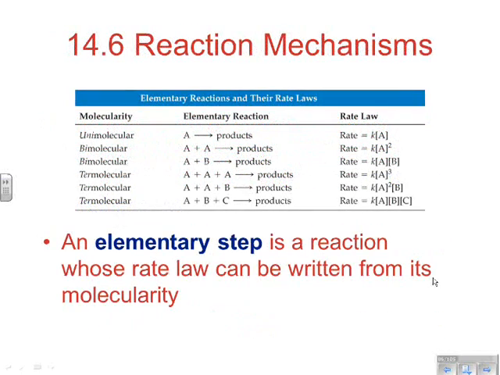So if we go back to our molecularity table, an elementary step, remember, is any reaction whose rate law can be written from its molecularity. Elementary steps are the actual collision process by which a reaction occurs. And for those simple steps, the stoichiometry of the substances involved leads directly to the order.